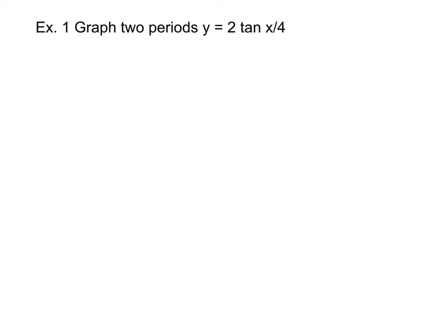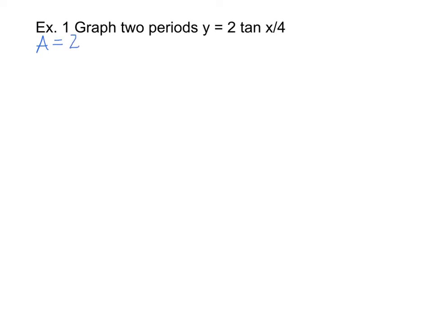Okay, this is how your equation looks for the first example. And they want us to graph 2 periods of y equals 2 tangent of x over 4. You can still go through and identify A, B, C, and D, just so you'll know. So A is 2.